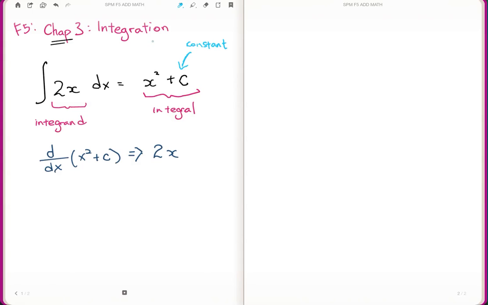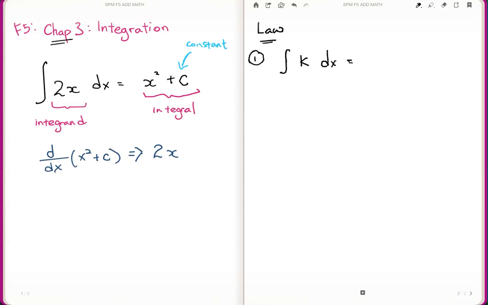Now, first law. There are a total of 5 rules or laws for integration. First one would be the integration of a constant, maybe a number, k. I don't want to confuse with the c here, so I use a k as a constant, just a number. Integrate a number over dx.